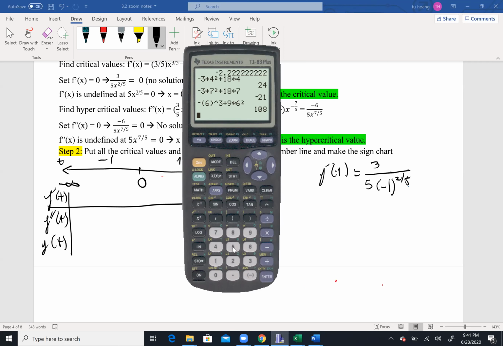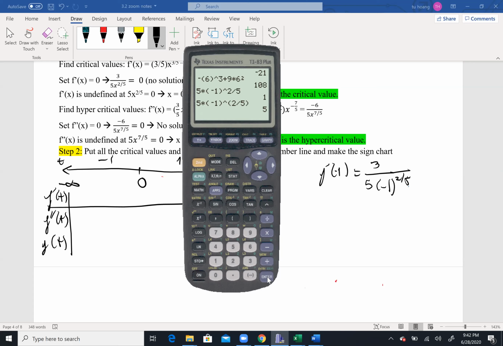I have 5 times -1 to the power 2. No, that was the wrong way to multiply. 5 multiplied with -1 to the power, parentheses 2 over 5.